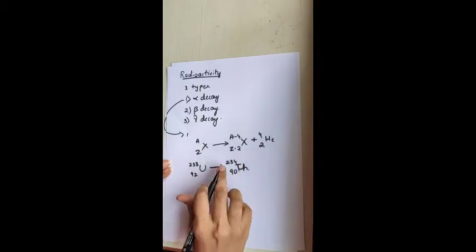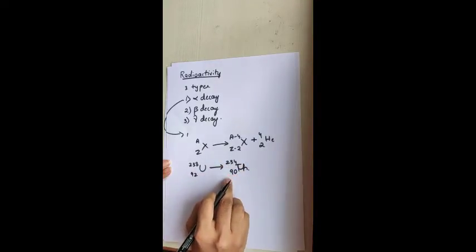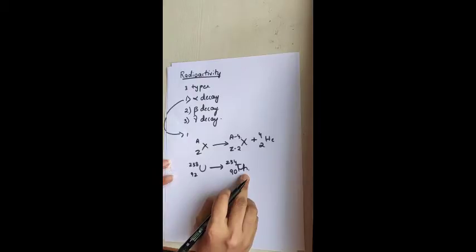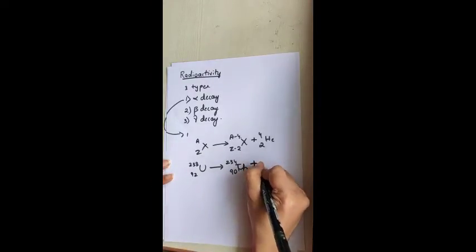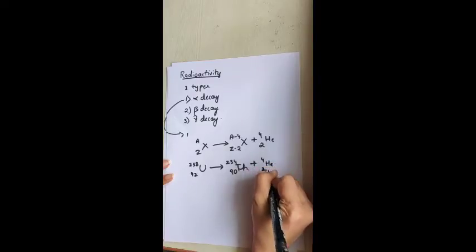The element with mass number 234 and atomic number 90 is thorium. So uranium gets converted into thorium by the emission of an alpha particle.